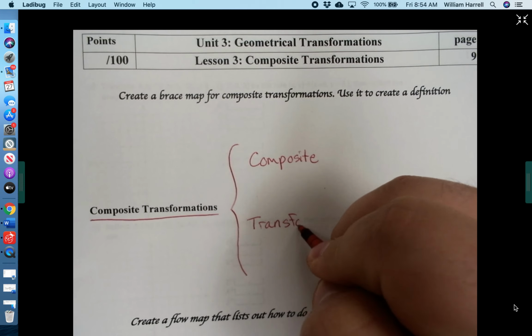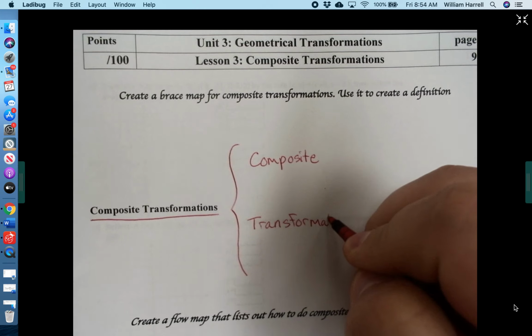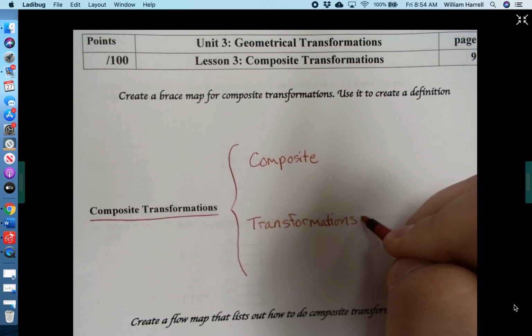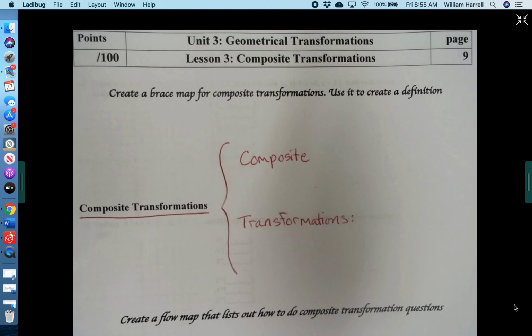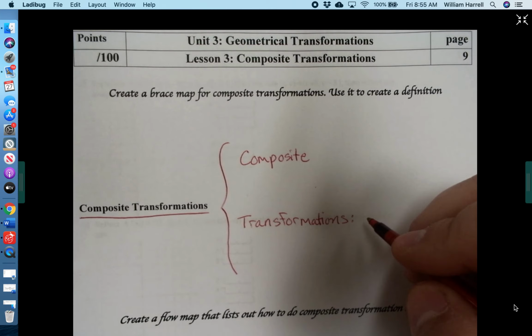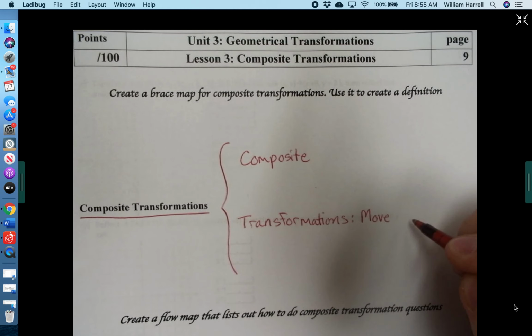Now, everybody should know what transformations is, especially from lesson 1 to lesson 2, and in previous units where we actually transform functions. Again, transformation still means the same thing, which is just to move an object.